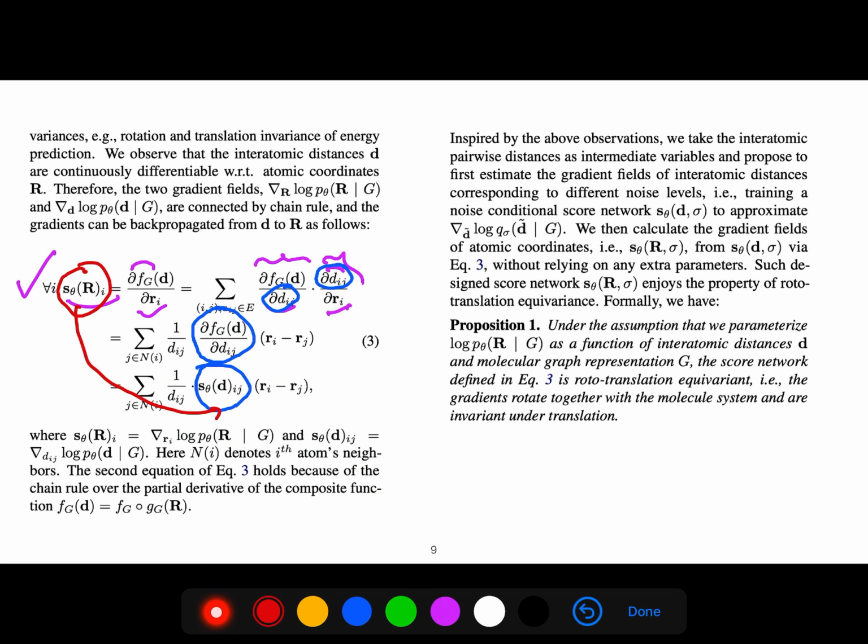So the gradients rotate together. It's rototranslation equivariant. So using equation 3, it means that the gradients rotate together with the molecule system, and they are invariant under translation.